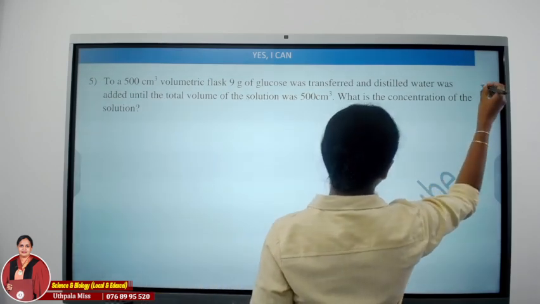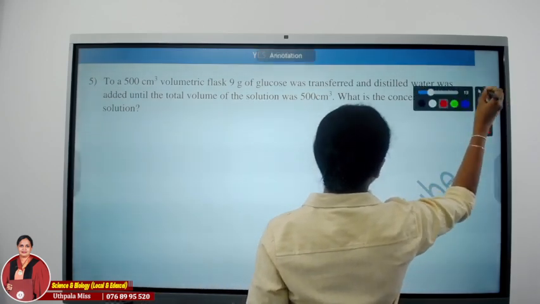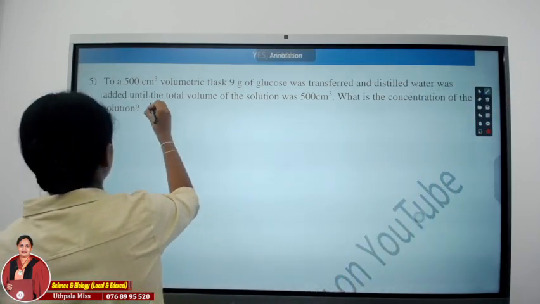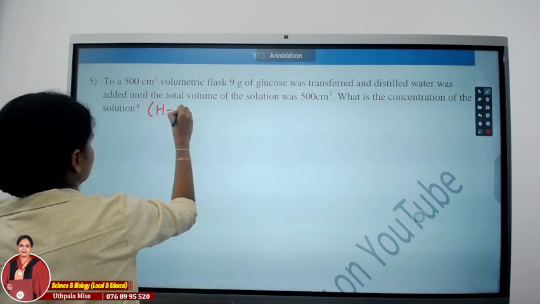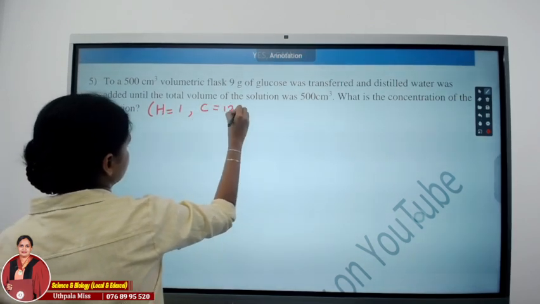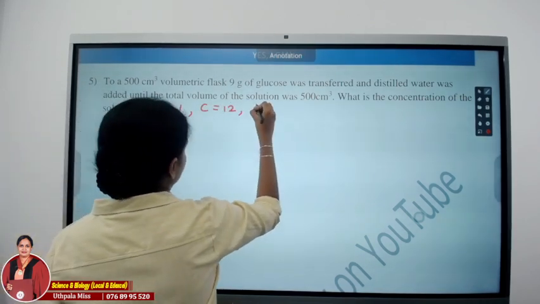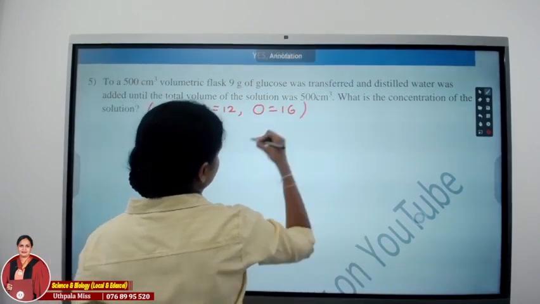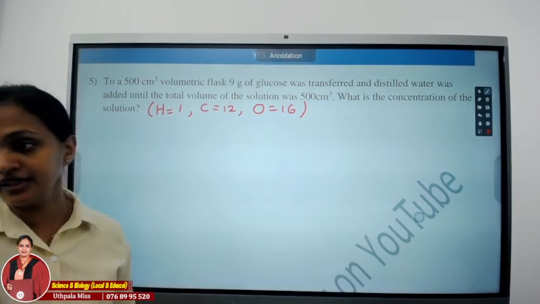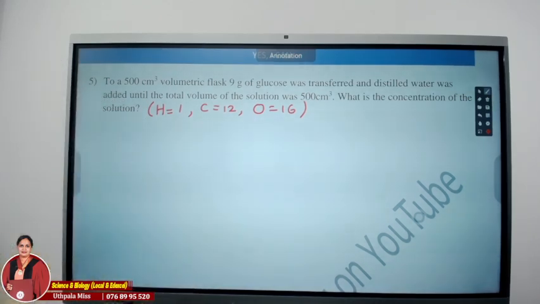You will be given the relative atomic masses: hydrogen is 1, carbon is 12, oxygen is 16. Now find the number of moles. Now what is the concentration of the solution? Find it out. Think.